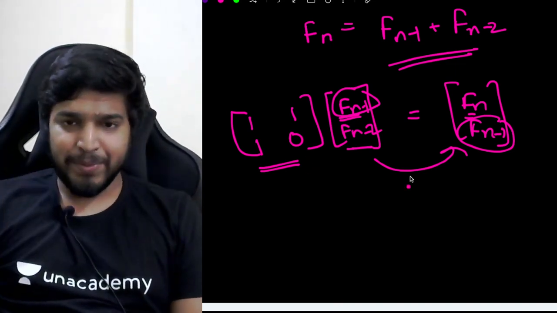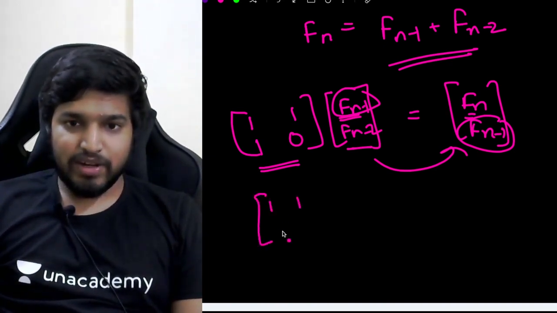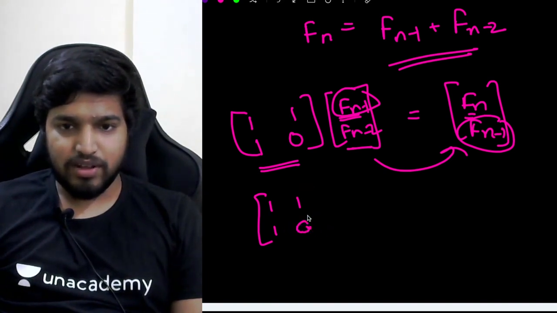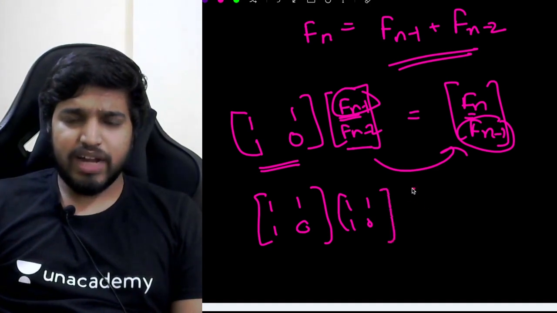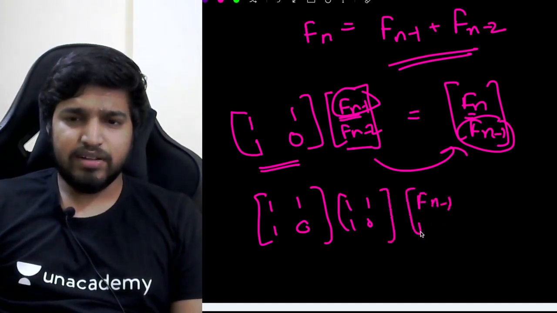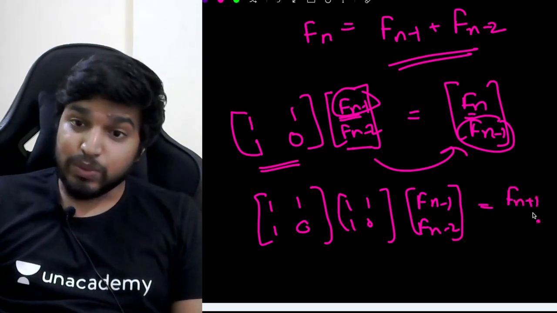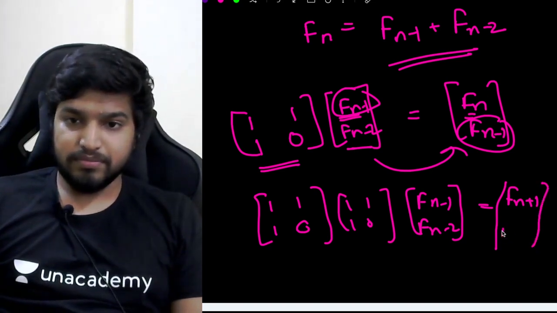That's so cool, right? Meaning, if you apply 1 1 1 0 to Fn minus 1, Fn minus 2, you're going to get Fn plus 1, Fn.